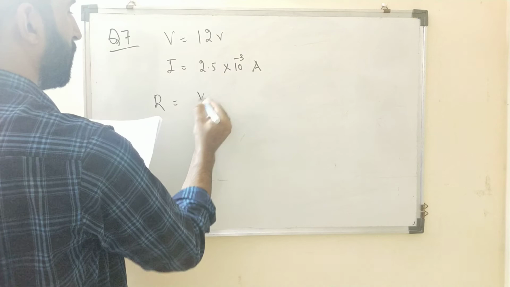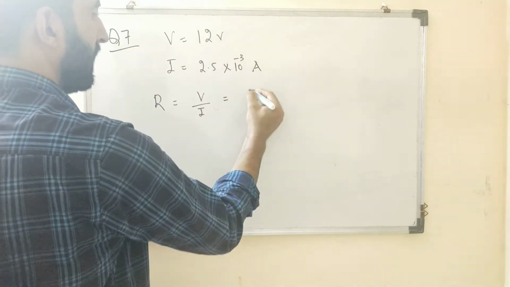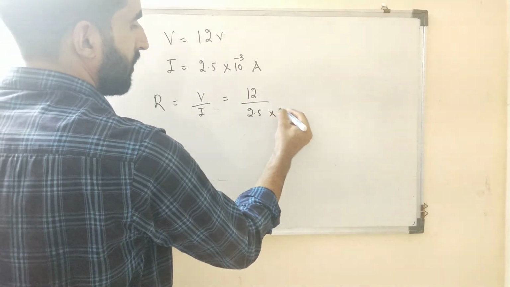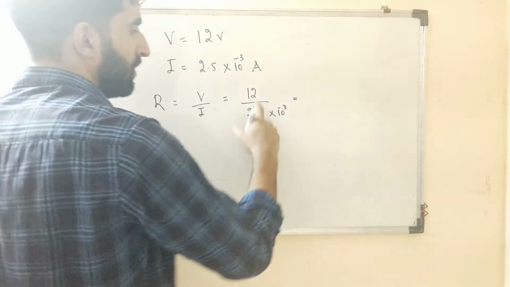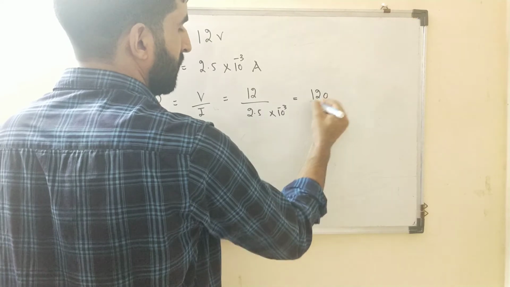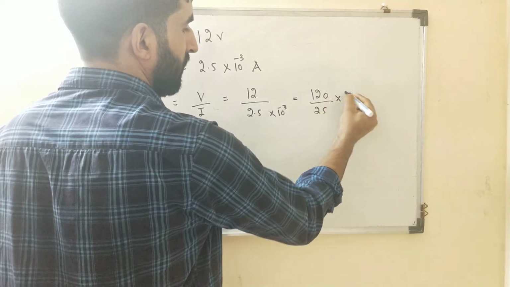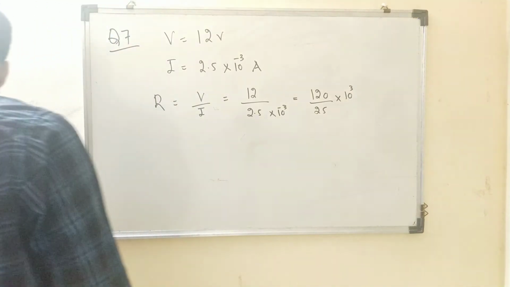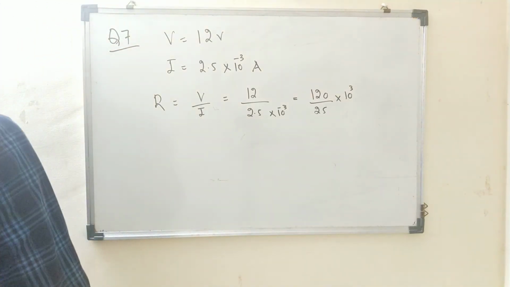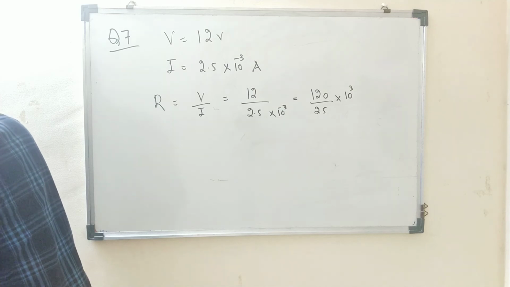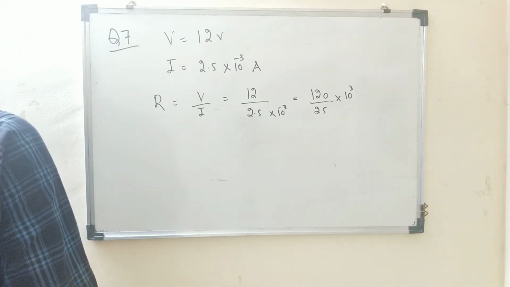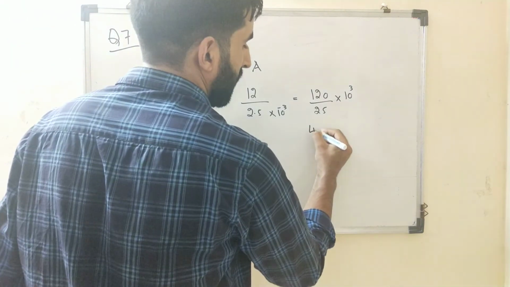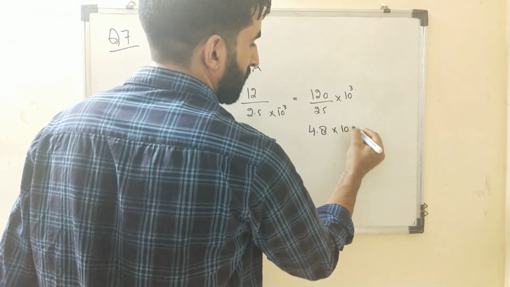So resistance will be equal to V by I. How much is V? 12 divided by 2.5 into 10 raised to power minus 3. So this will be equal to 120 divided by 25 into 10 raised to power 3. So this will be equal to 4.8 into 1000.